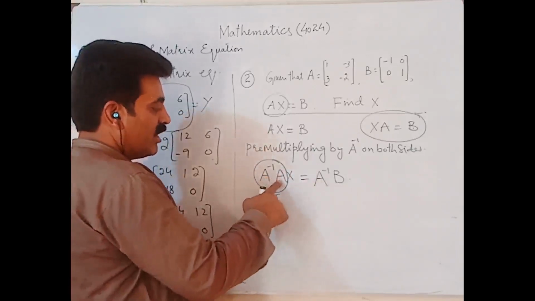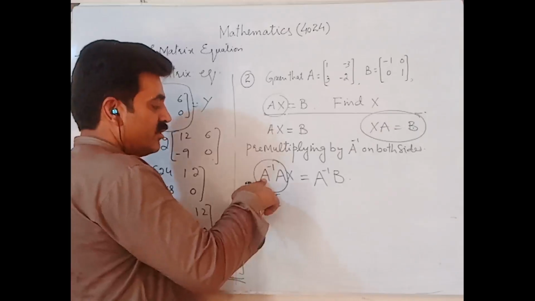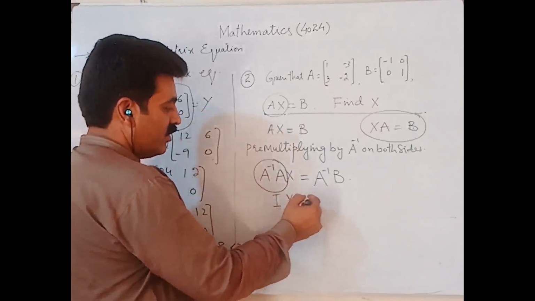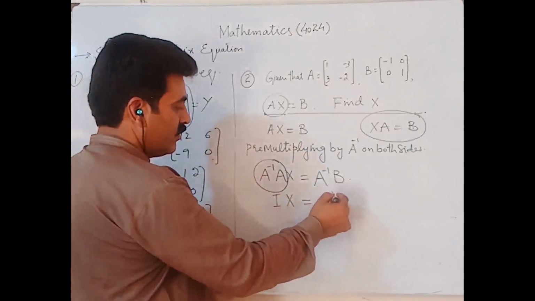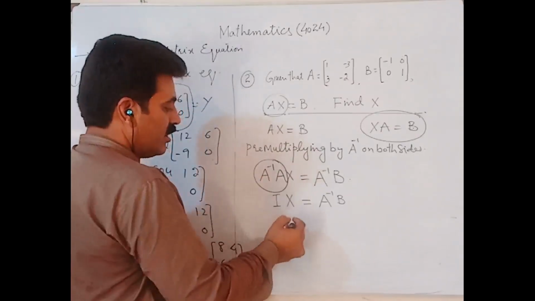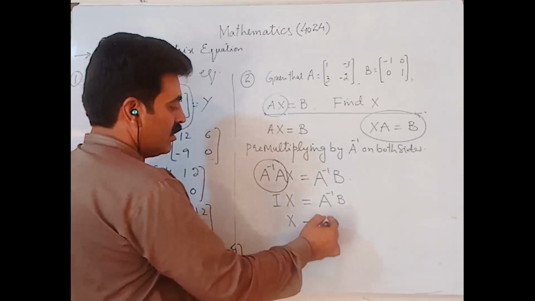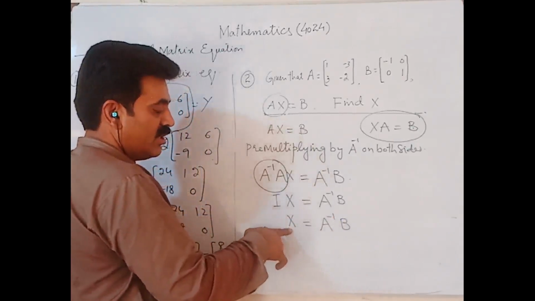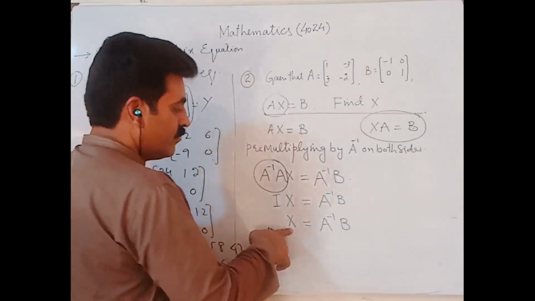When a matrix is multiplied with its inverse, the answer will be the identity matrix. Identity matrix into X is equal to A inverse B, and X will be A inverse B because identity never changes any matrix by multiplication.